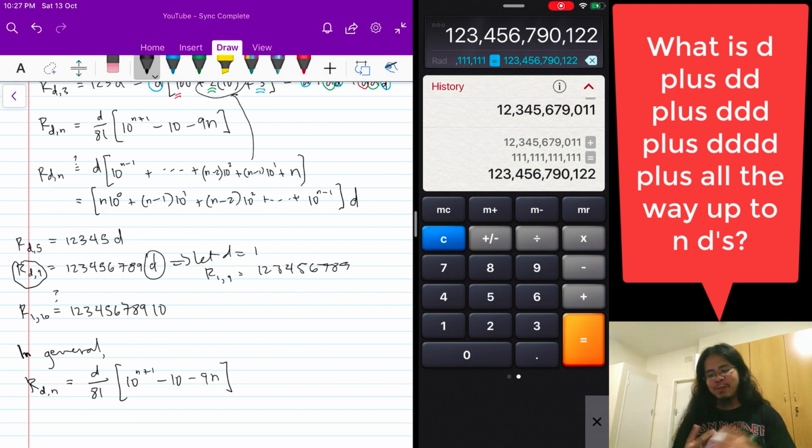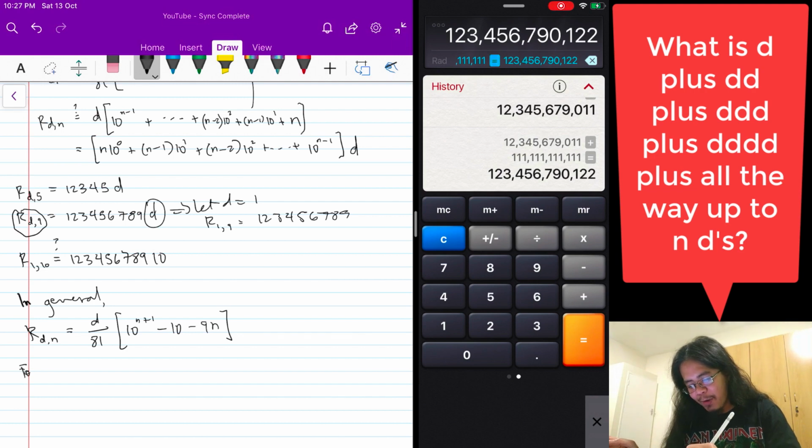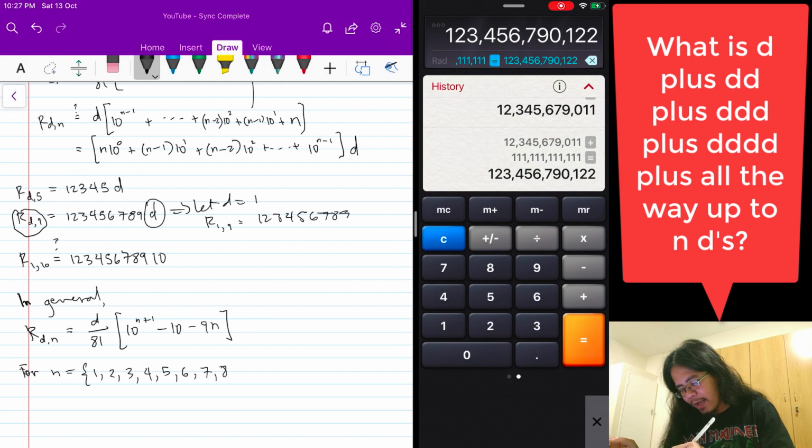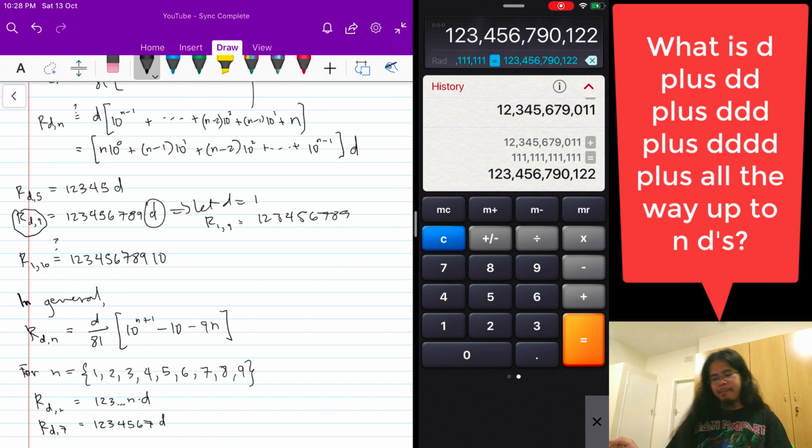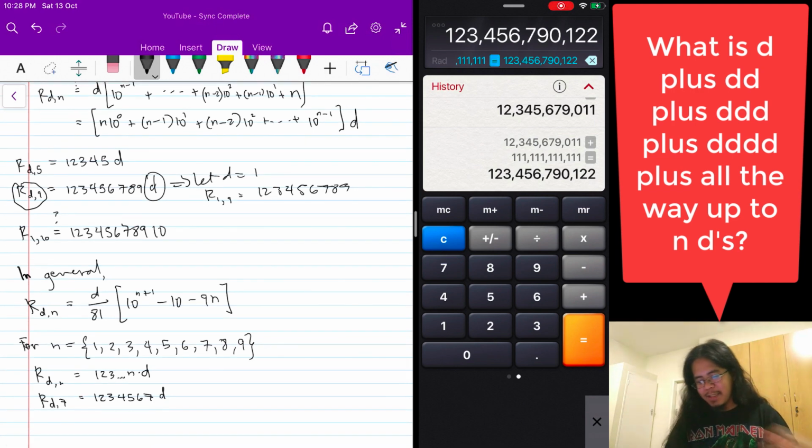We tried plugging in values for several n, and we found that if n is 1, 2, 3, 4, 5, 6, 7, 8 or 9, you can write your sum as 1, 2, 3 up to n times D. So for example, the sum for 7 could be written as 1234567 multiplied by D. So I think that's a very good result so far.